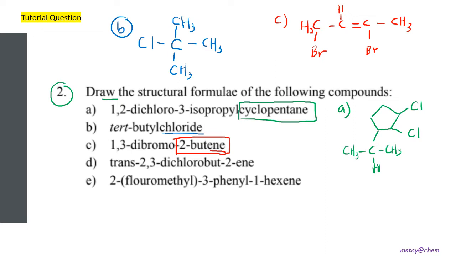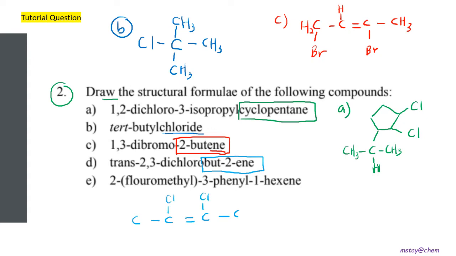So D, trans 2,3-dichloro but-2-ene. So but-2-ene is also similar to 2-butene. So we're going to draw the structure, 4 carbon, and then the double bond will be at the second carbon, and then 2,3-dichloro.